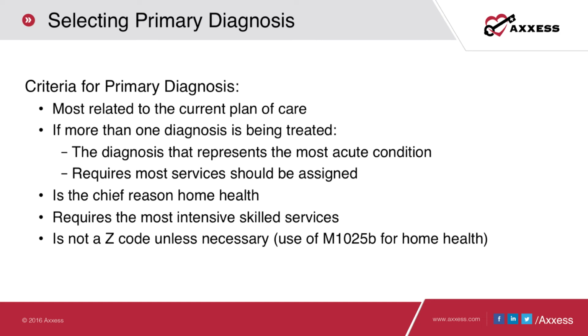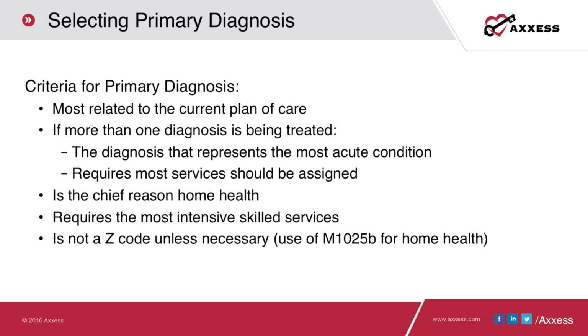When you're selecting a secondary diagnosis, you need to consider the following criteria. First of all, those are diagnoses that didn't meet the criteria for primary diagnosis. These are also diagnoses selected that are addressed in the plan of care, and they affect the patient's responsiveness to treatment and rehabilitation. And then you're going to list those in the order to best reflect the seriousness of the patient's condition and to justify the disciplines and the services provided.